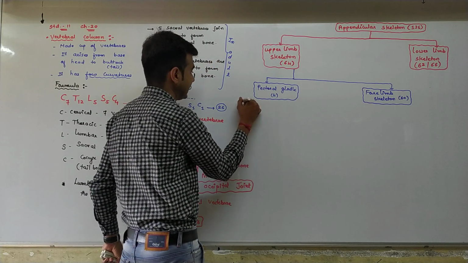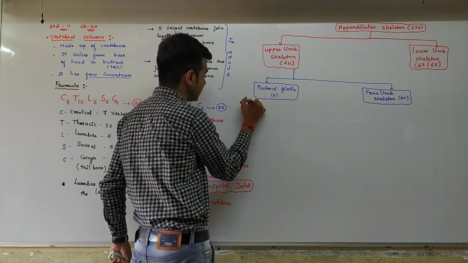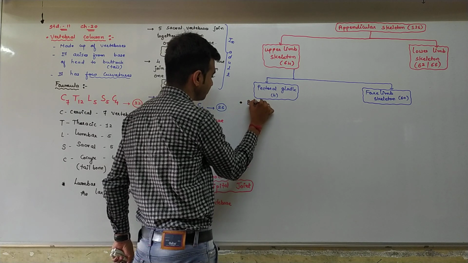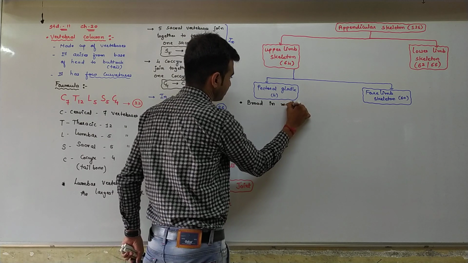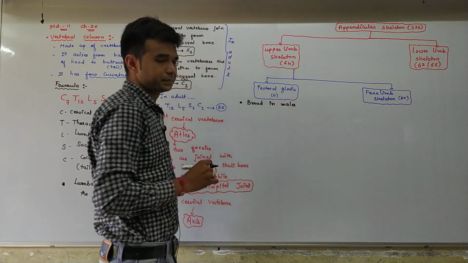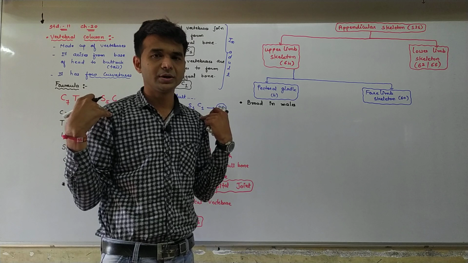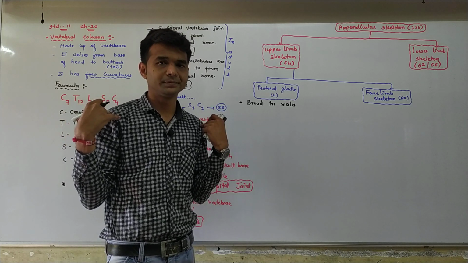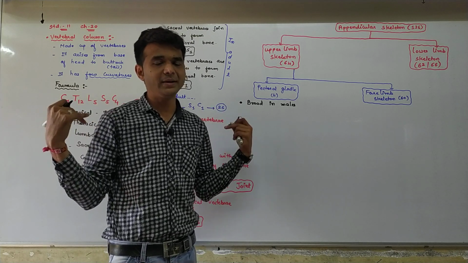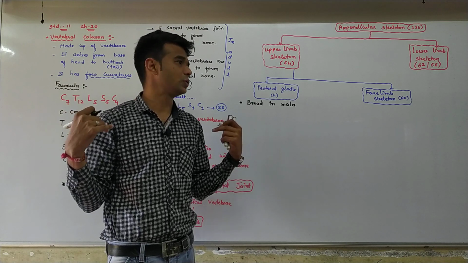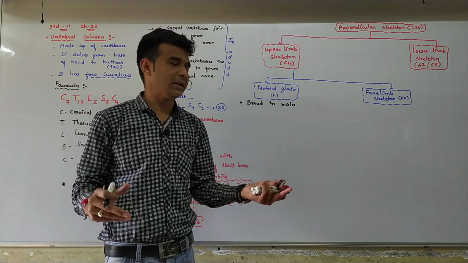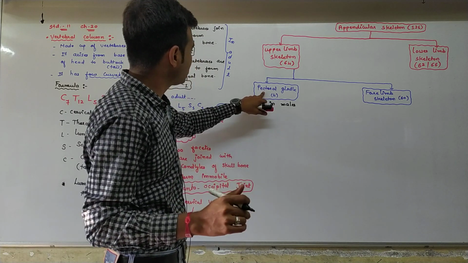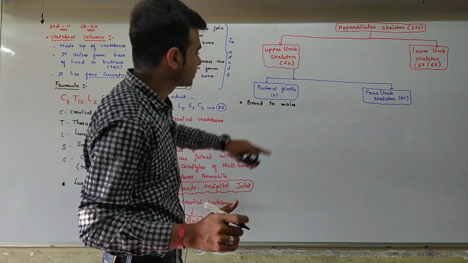Pectoral girdle or shoulder girdle is broad in male. So pelvic girdle is broad in females. Okay, pectoral girdle consists of 4 bones.